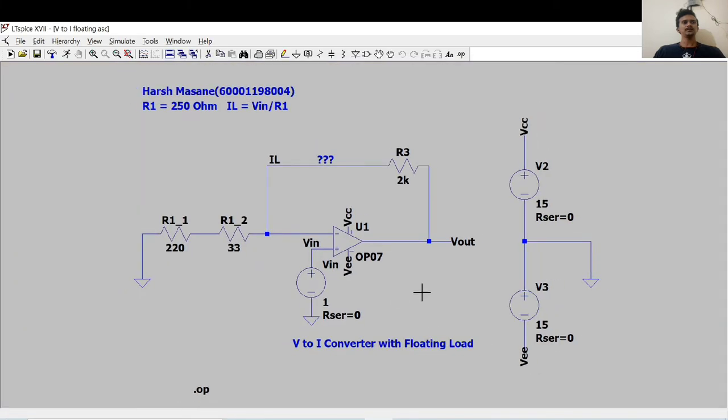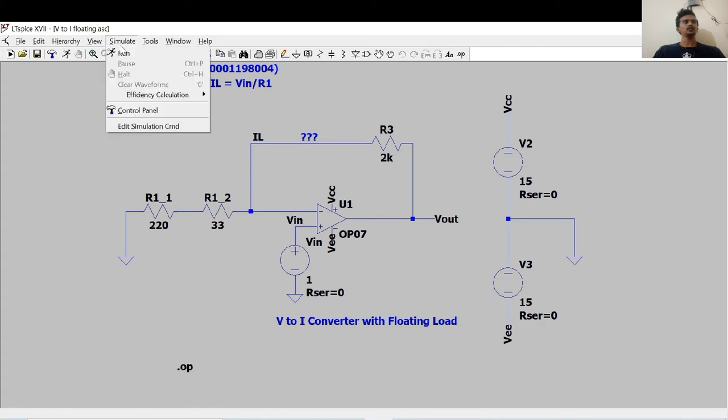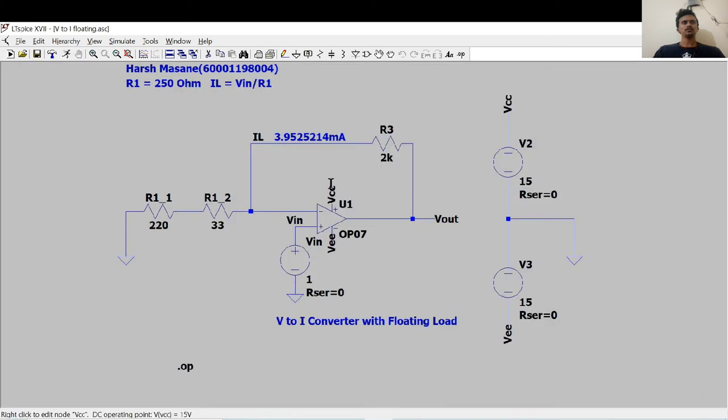This is my circuit where my R is equal to 250 ohms. Now we'll check the load current at the feedback resistor. Here my load resistor is 2 kilo ohms and my Vin is 1 volt. So let's see the load current. Here, as you can see, 3.9 milliamps, which is approximately 4 milliamps.